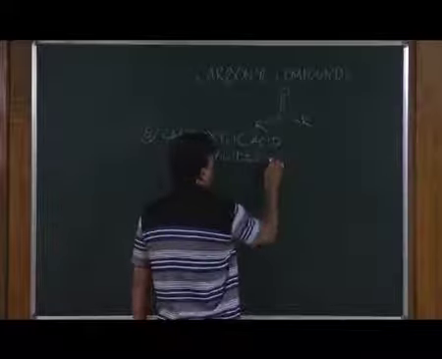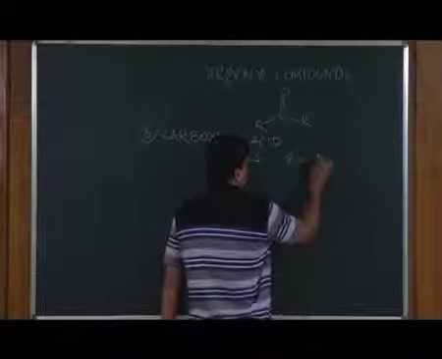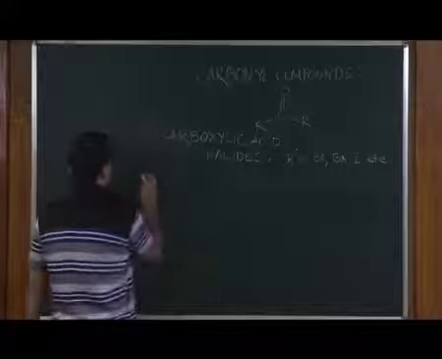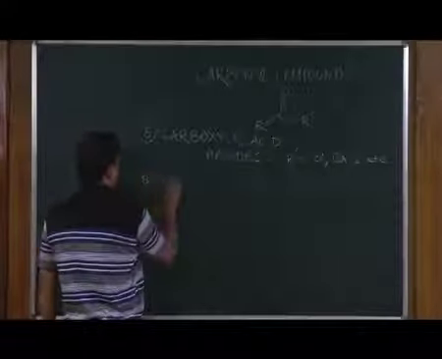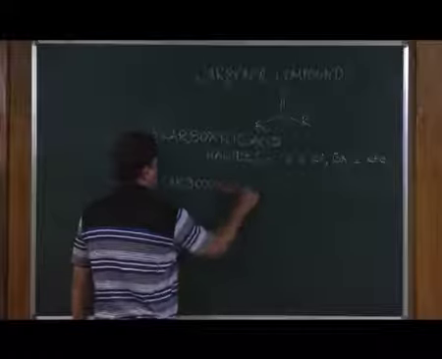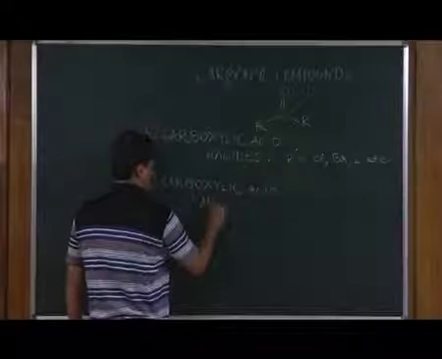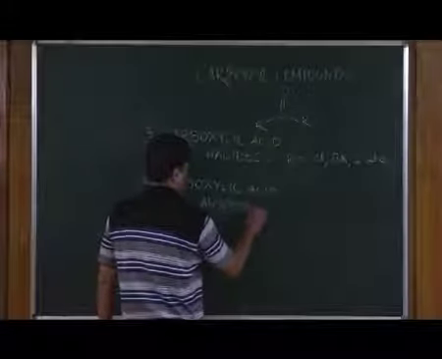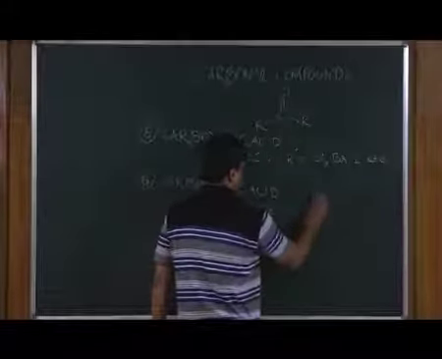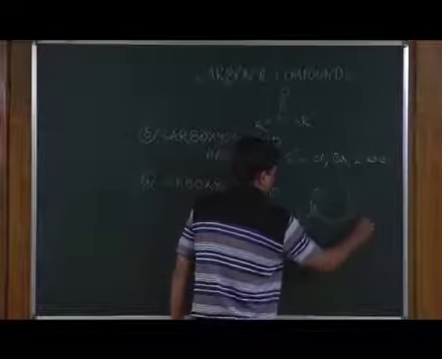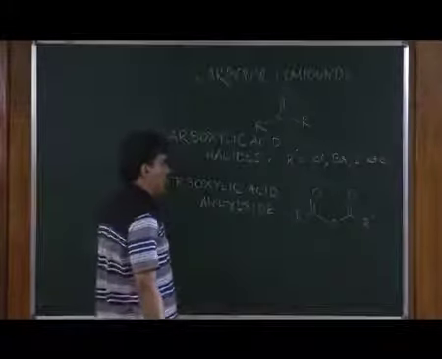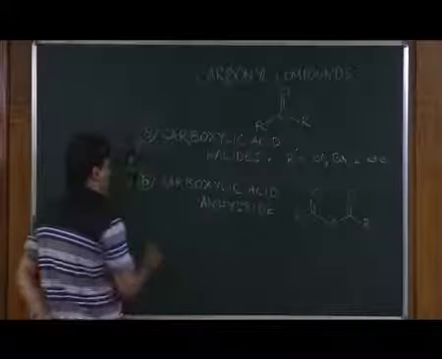In carboxylic acid halides, R dash will be chlorine, bromine, iodine, etc. Acid anhydrides are represented by this structure, where R and R dash can be same or different, and they are called carboxylic acid anhydride.